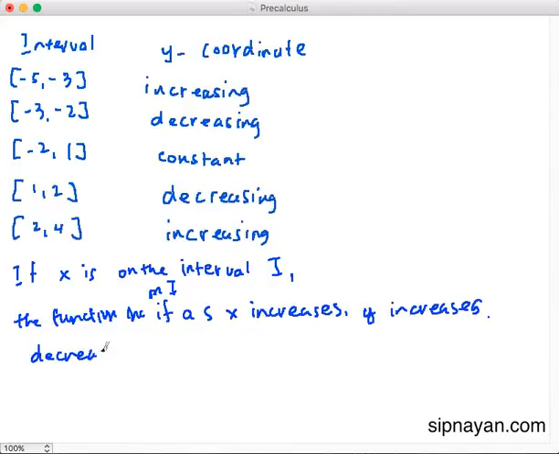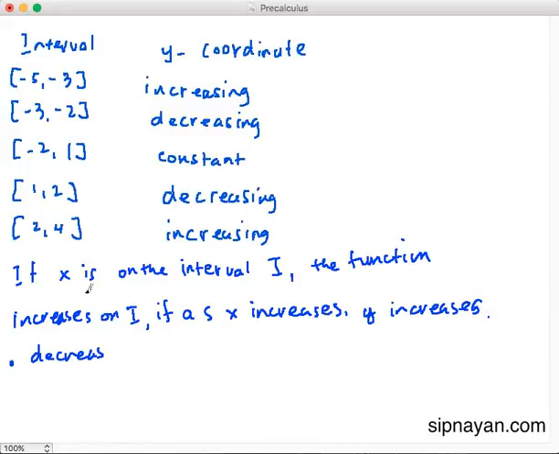Decreases, meaning it decreases. If x is on the interval I, you can say that the function increases on I if as x increases, y increases.